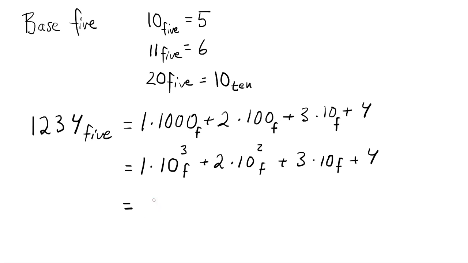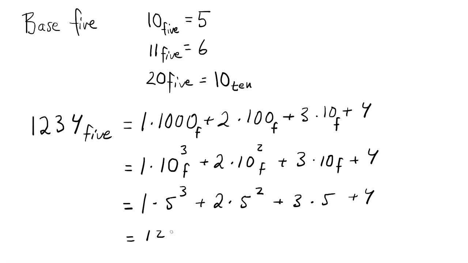So if I now want to translate this to base 10, our normal 10, then I can write that 10 here now is 5. So 5 to the power of 3. Then it's 2 times 5 to the power of 2. And 3 times 5 and 4.